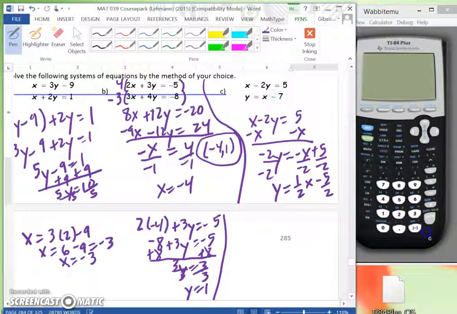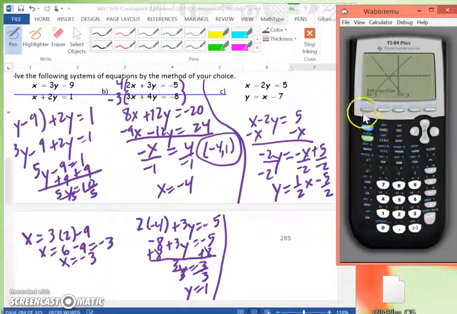So we have our two equations. We have this y equals x minus 7. We can put in our y equals here. Let's clear this out. So we have y equals x minus 7, and we'll press enter. And then we will have 1/2 x, which we know is just 0.5x, minus 5 over 2, which we know is 2.5.